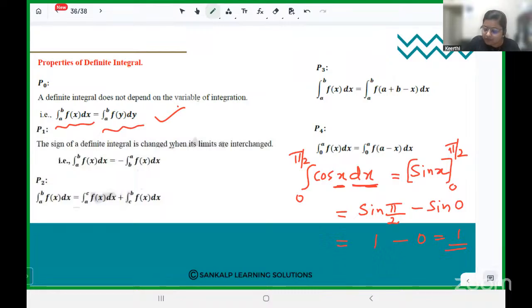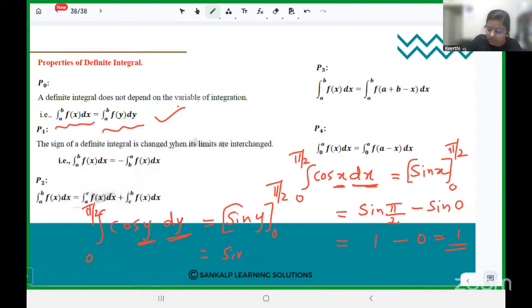Now what if I took cos y dy? The same question itself, with the same limits 0 to pi by 2. Here we choose the operator dy. What will be the answer for this? Again, it will be sin y varying from 0 to pi by 2.